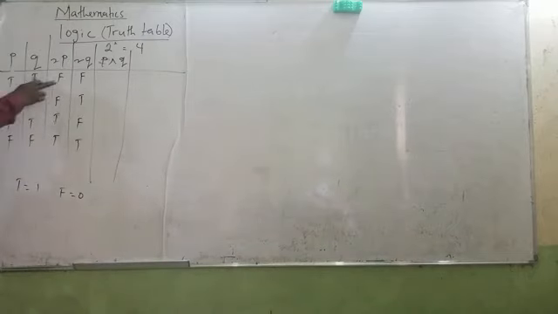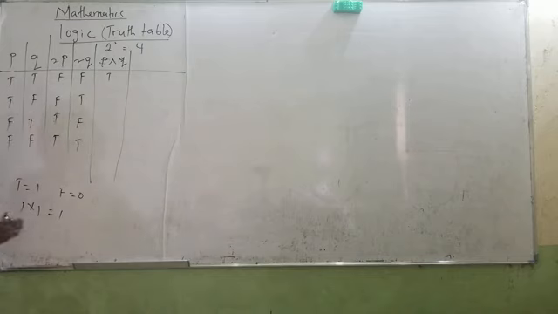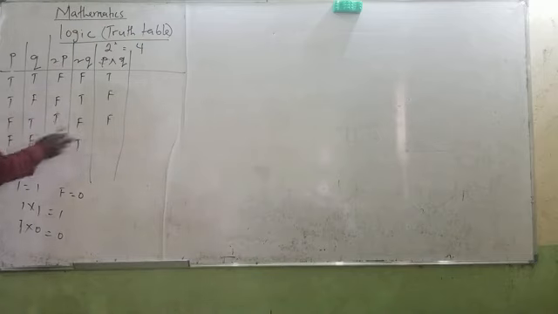So P and Q: 1 times 1 is 1, which means true. 1 multiplied by 0 is 0, which is false. 0 multiplied by 1 is false. 0 multiplied by 0 is false. That is P and Q.